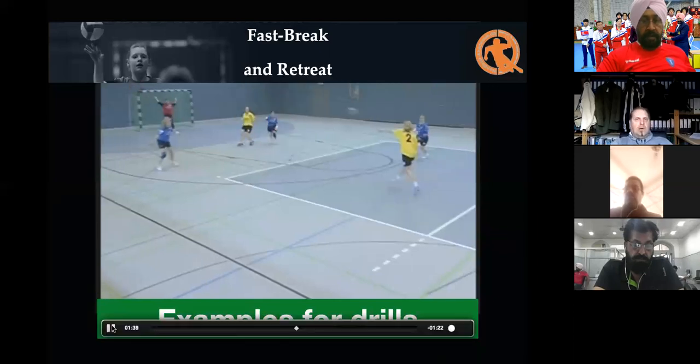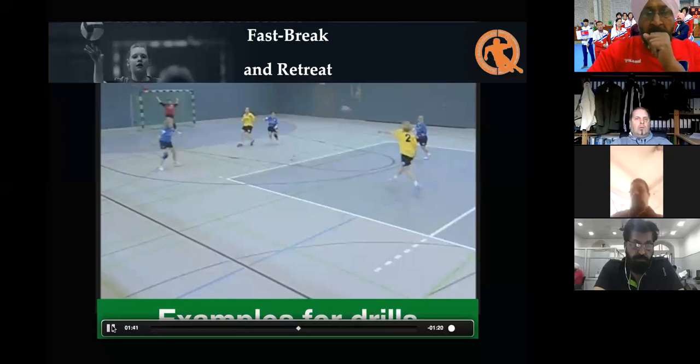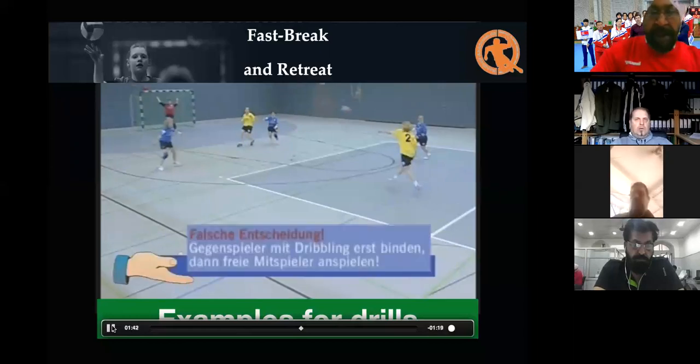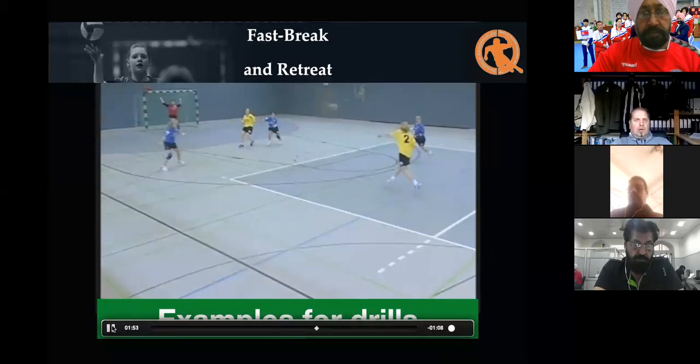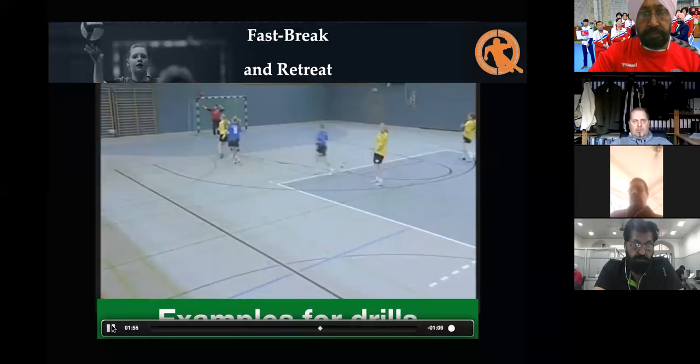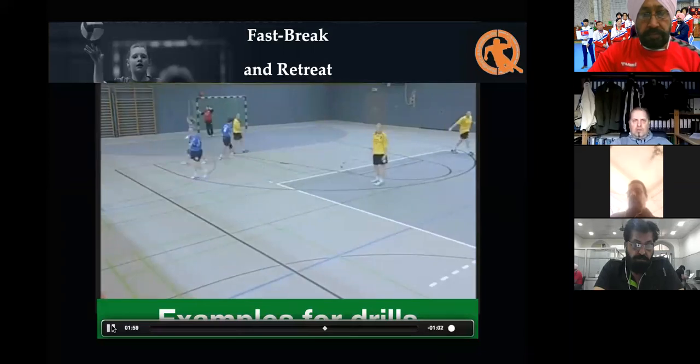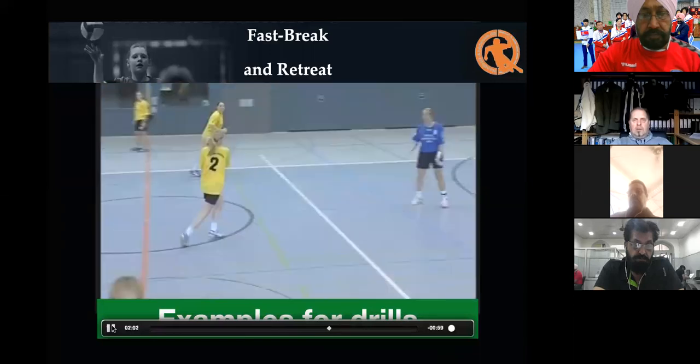But this pass is almost not possible because the defense is aware, and she can intercept the pass. And you will see it, attack, no success for attack. In the next variation, you will see that she can do it better.